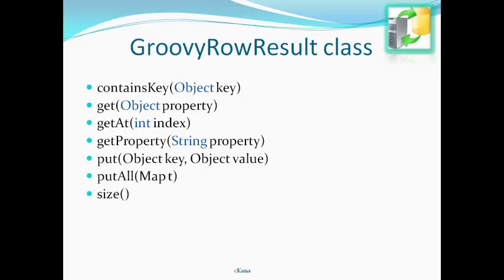Then we have size, which returns the size. We have toString, which converts any data type into a string. Then we have values, which returns the values. And then we have the isEmpty method, which checks if a particular string, a map, or any data type is empty or not.